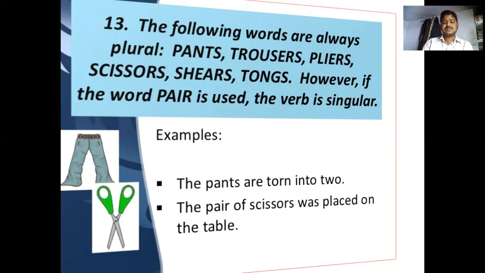The pants are torn in two. Here with pants and trousers, the verb is plural. The pair of scissors was placed on the table. Even though it may represent two pairs or three pairs, whatever pair means, we use the singular verb.